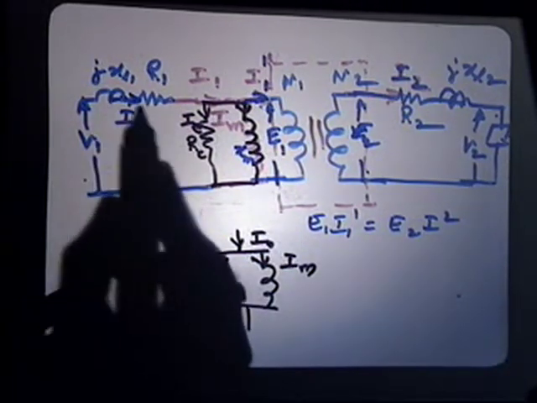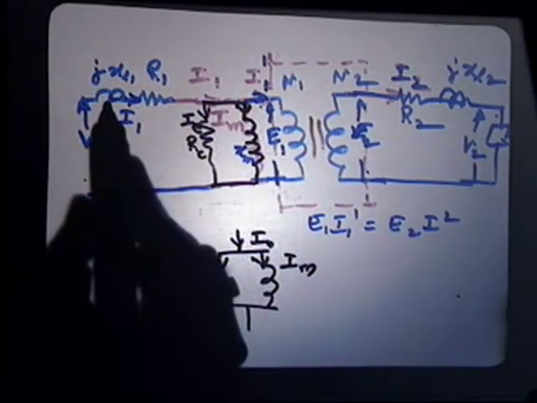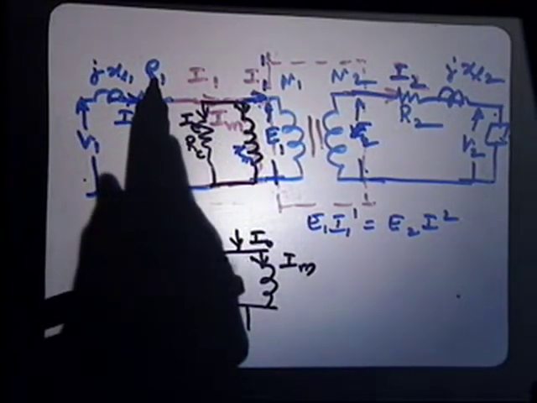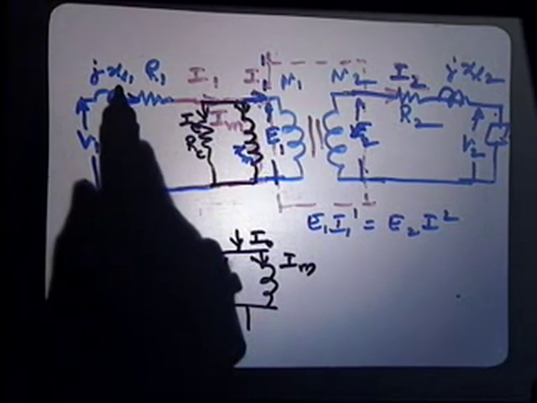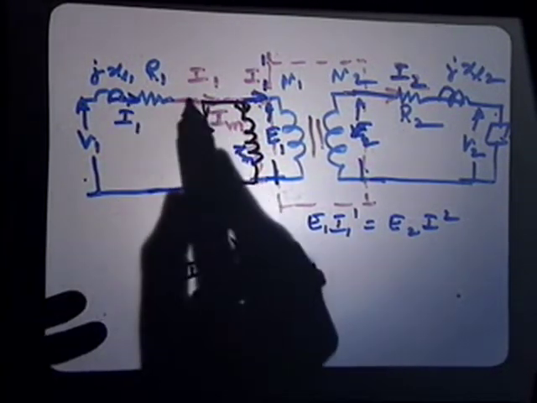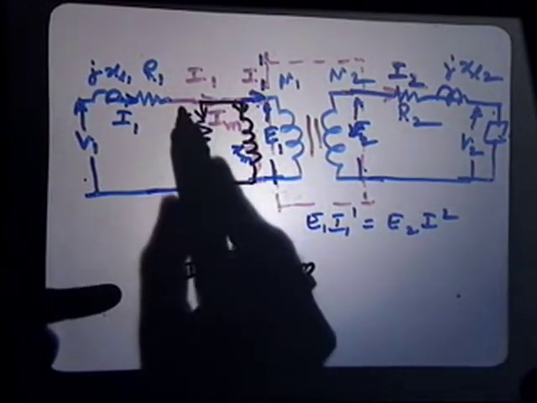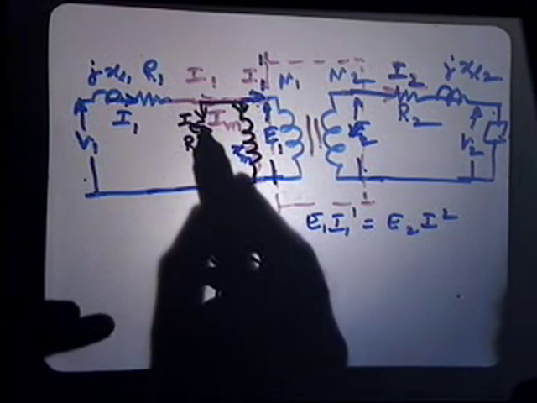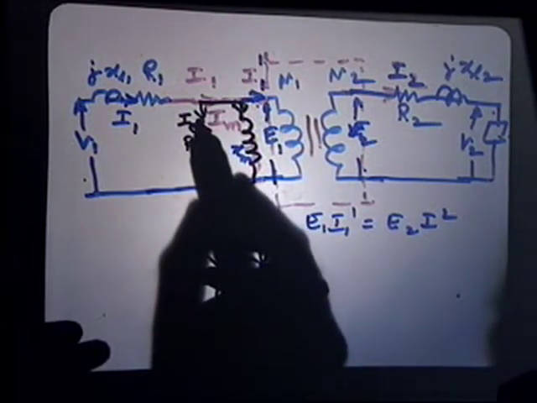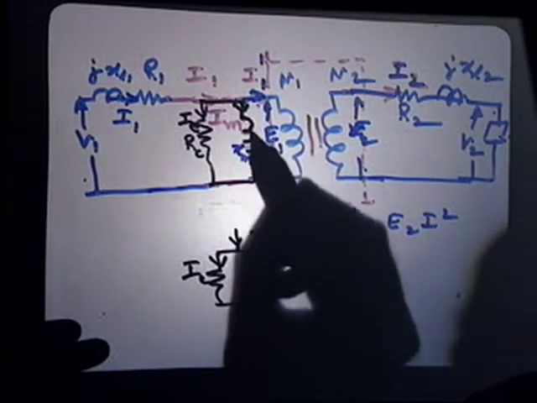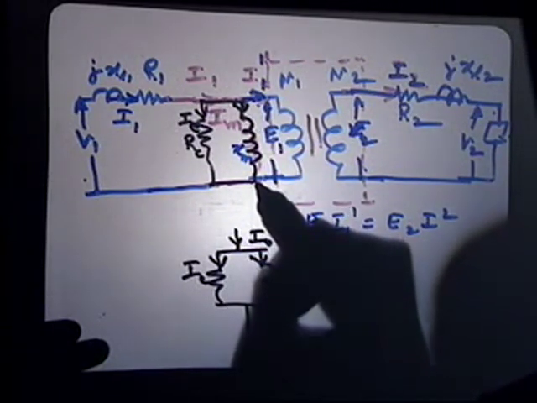Now you will see this is called resistance and leakage reactance of the primary. R1 is called the primary resistance and XL1 is called the primary leakage reactance. Whatever remains is what operates on the flux, and because of that flux, further current has to be drawn to account for the core loss, and also another current to account for the magnetizing flux.